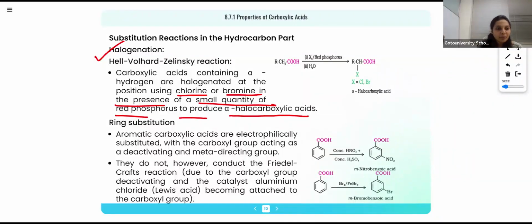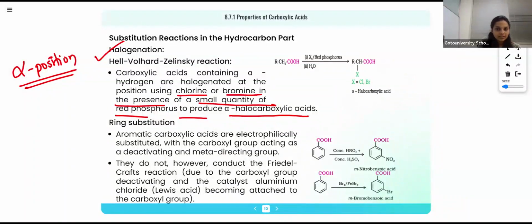What is the alpha position? The carbon atom near to the functional group. Sometimes the functional group may not contain a carbon atom, then the carbon connected to the functional group is the alpha carbon.